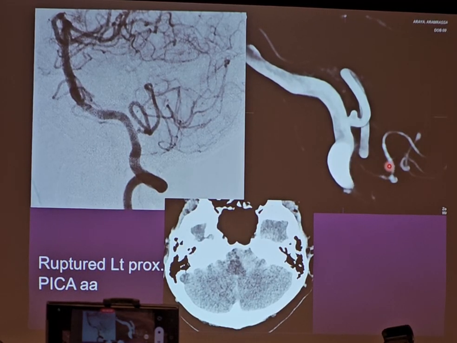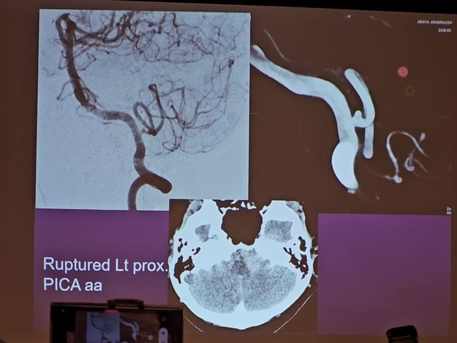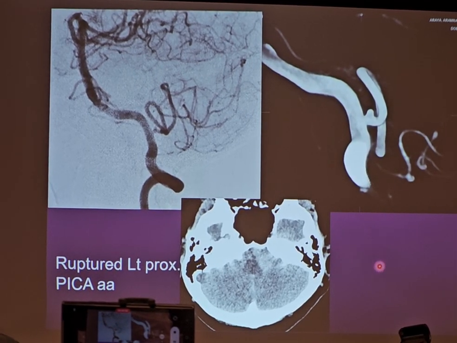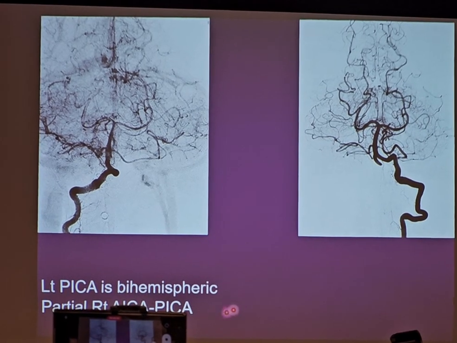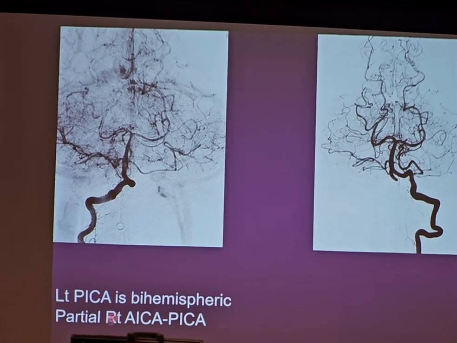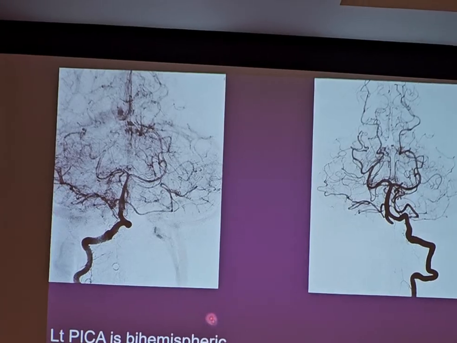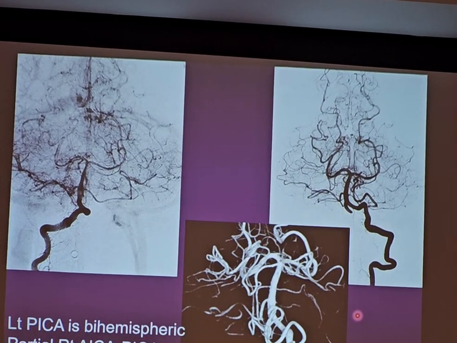Some importance of the variation around this area: we have this tiny little ruptured aneurysm of the proximal PICA origin. You need to really check what this PICA function is. So this is the left PICA, which probably takes charge of most of the supply, while the right PICA is a kind of variation.